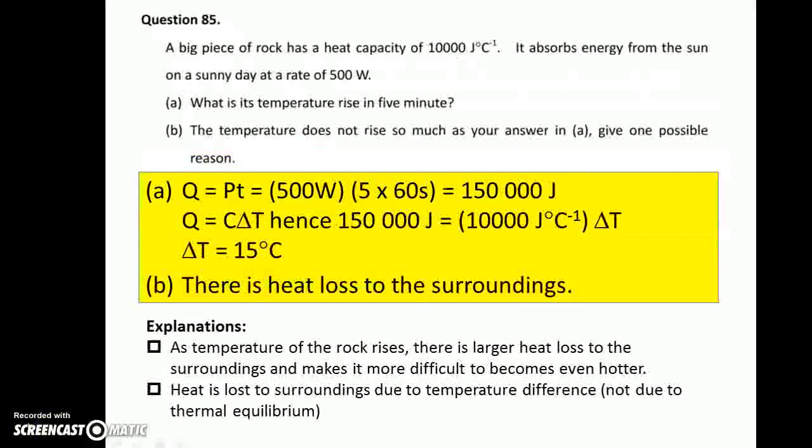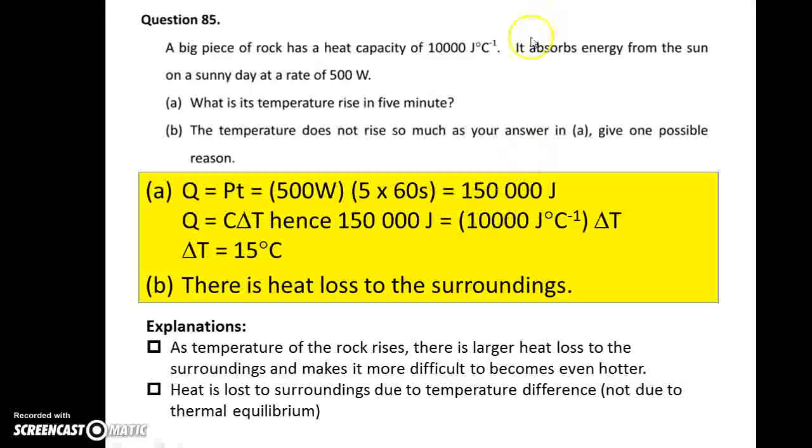Question 85. A big piece of rock is placed under the sun, and it is absorbing the energy from the sun at the rate of 500 watts, that is 500 joules per second. So that in 5 minutes, it will absorb altogether 150,000 joules of energy.